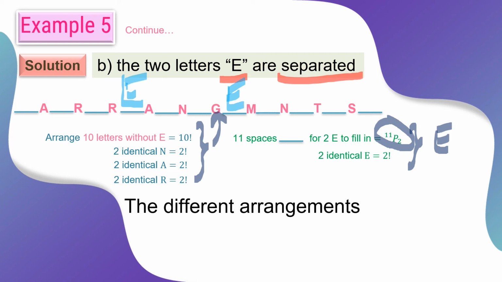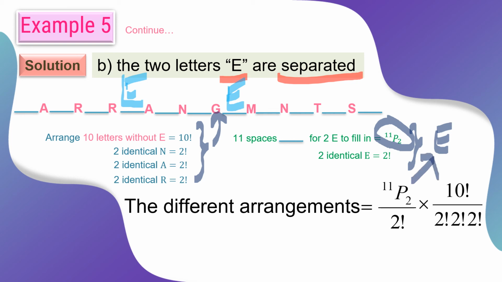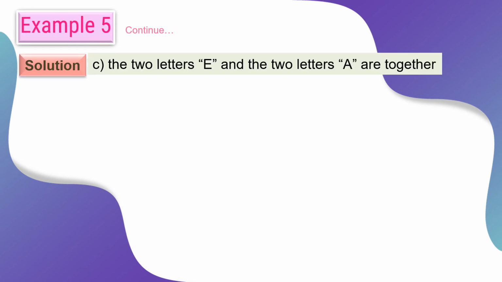So you can write down 11 P2 divided by 2 factorial, this is the calculation for E, and this one is for all letters except E: 10 factorial divided by 2 factorial for N, 2 factorial for A, 2 factorial for R. So when you try to calculate, the answer is 24948000 ways.